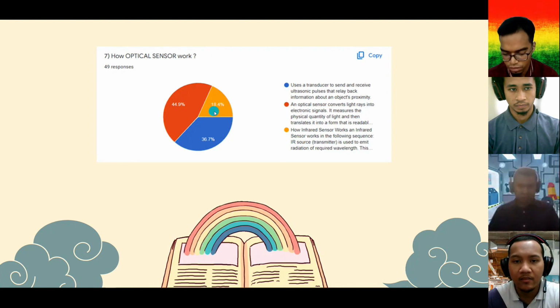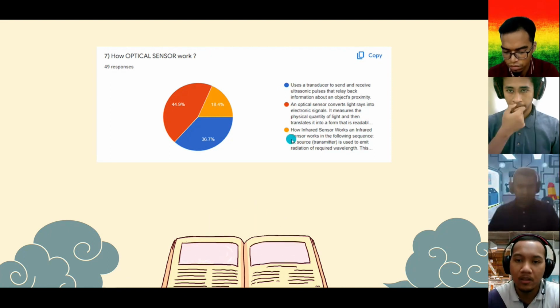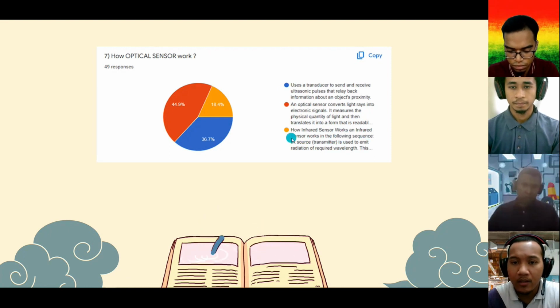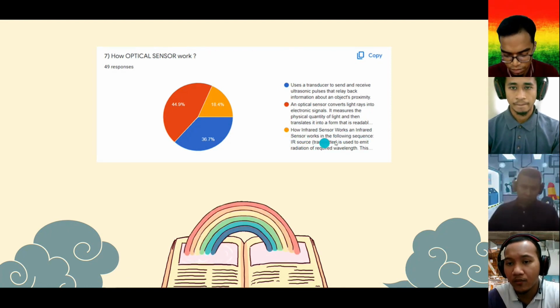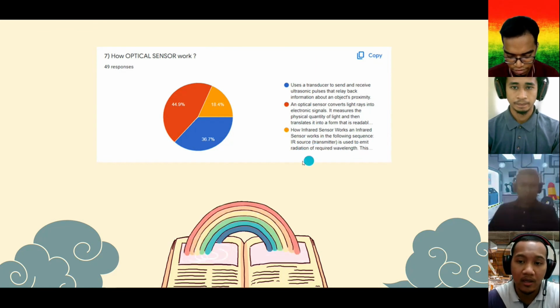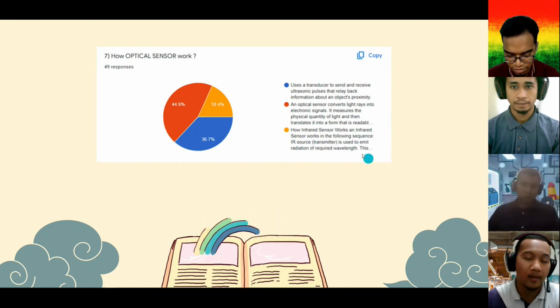The last, 18.4%, is about how an infrared sensor works, in the following sequence: an IR source is used to emit radiation of the required wavelength.